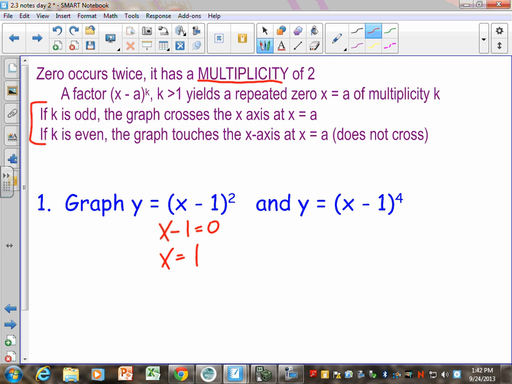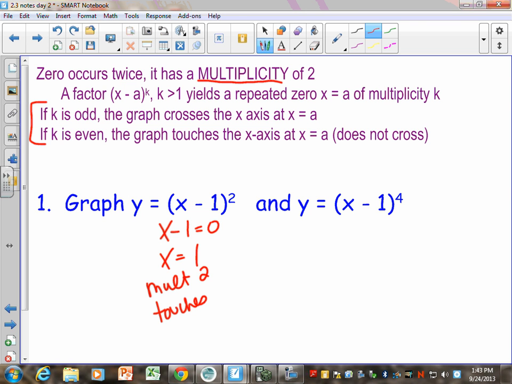Would we say this has a multiplicity? If the exponent's bigger than 1, we say this has a multiplicity of 2. Would it touch or cross the x-axis at that point? Because it's even, it touches the x-axis, not crosses. This function is very similar except for one thing, the multiplicity.